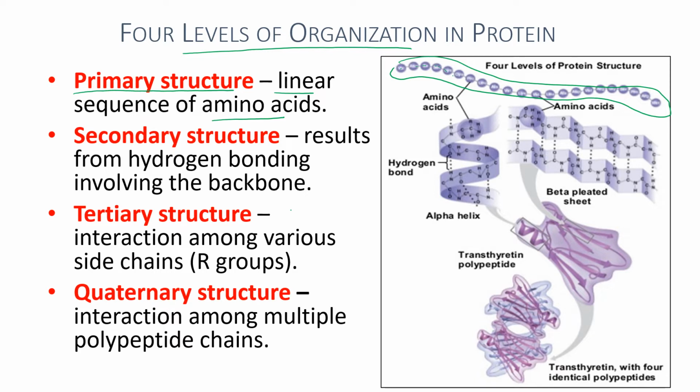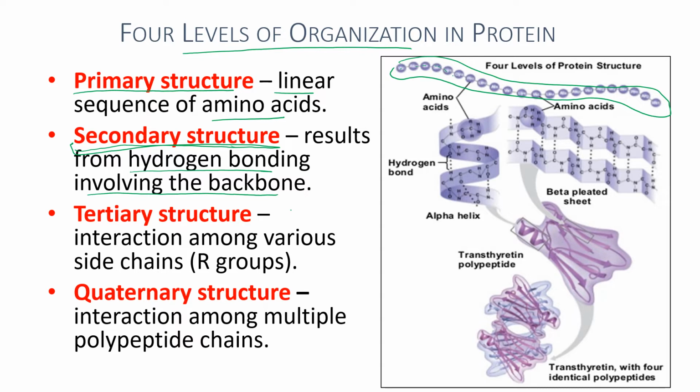So this is the primary structure, a linear sequence of amino acids. And then from the primary structure, it becomes folded or coiled into secondary structure. Secondary structure results from hydrogen bonding involving the backbone of the polypeptide chain.